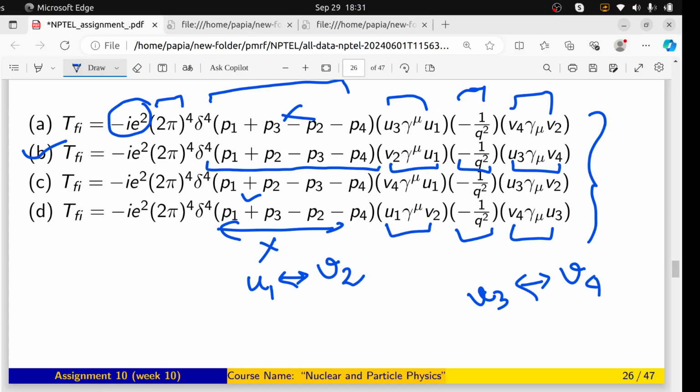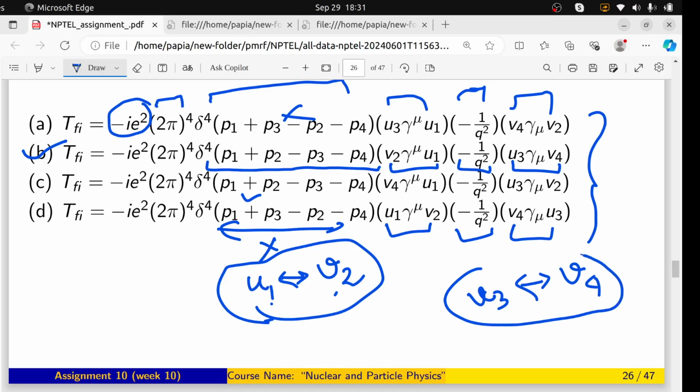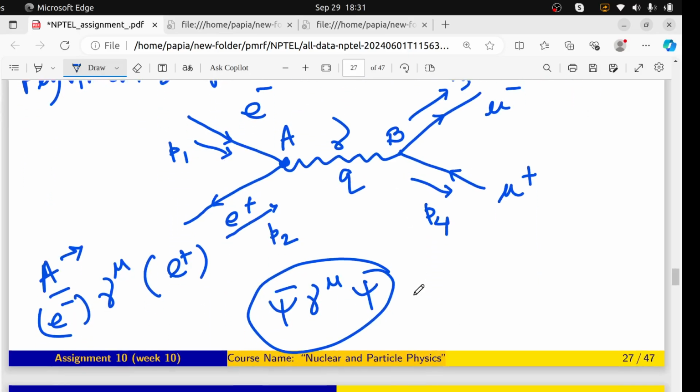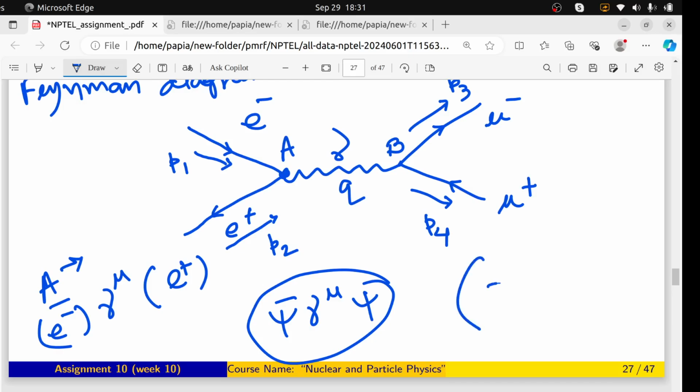But the main thing is that we have to check which vertex is which one. Vertex A has U1 and V2, vertex B has U3 and V4. So that is the main thing here. And I am writing Q here because this is the propagator for the photon. That's it.